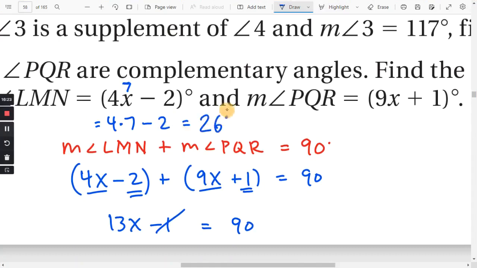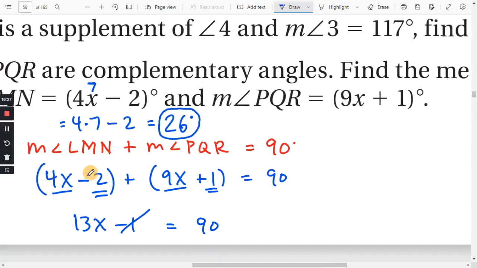And that's in degrees. All right, and if we put the 7 in here, that's going to be 9 times 7 plus 1. All right, 63 plus 1 is going to be 64. And that's in degrees.